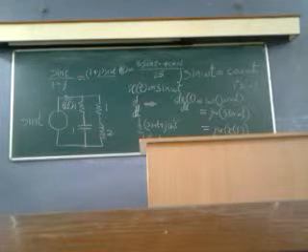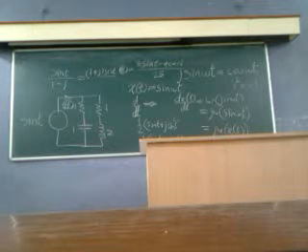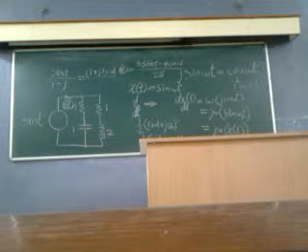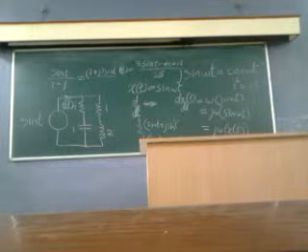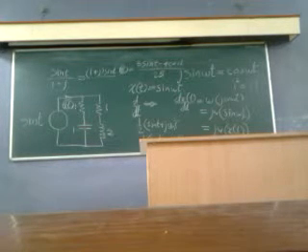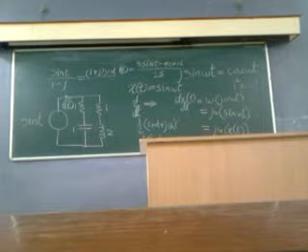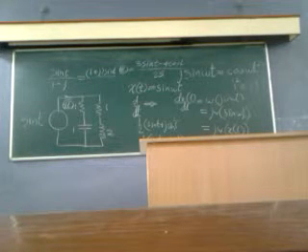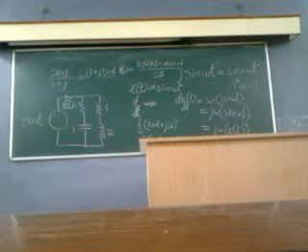sin t into 2 plus j divided by 3 plus j. sin t plus... What is the answer? 3 minus j upon 3 plus 1 plus j parallel with 1 minus 0.5j, or 1 plus 1 upon 2j, either way.